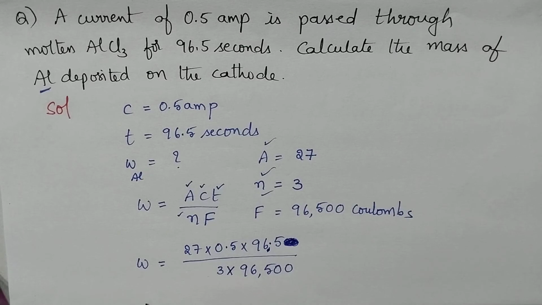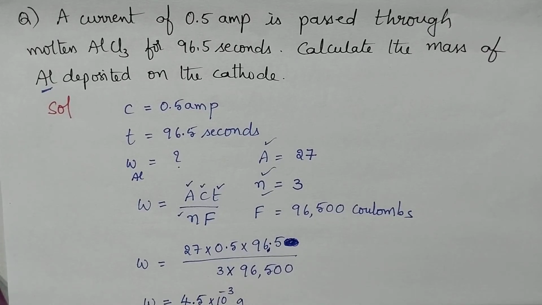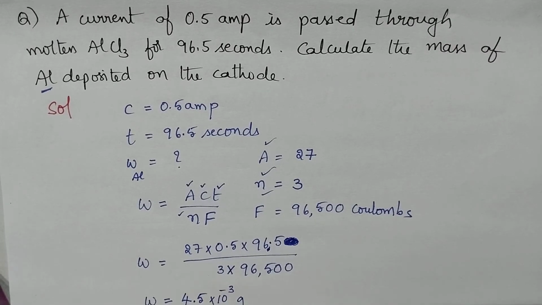Okay, students. Then what is the value of W? You just calculate, and the weight of the aluminum deposited will be 4.5 into 10 power minus 3 grams. Is it clear, students?